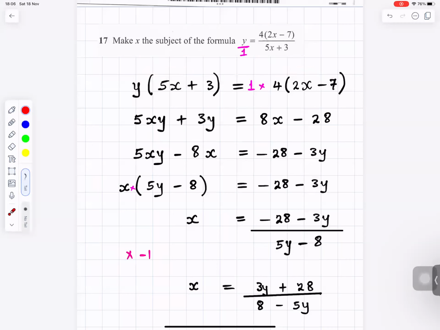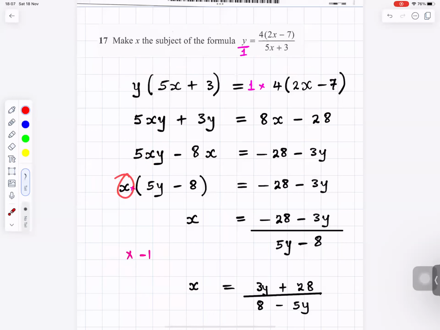Because we want to make x the subject, we factorize. x is found here and here. We'll take the plus 8x first to the left, and take the plus 3y to the right. So the plus 8x comes to the left, becomes minus 8x. Plus 3y goes there, becomes minus 3y. Now x is found in both terms.